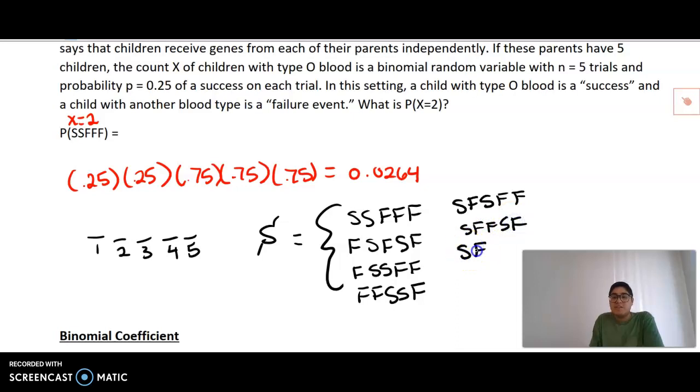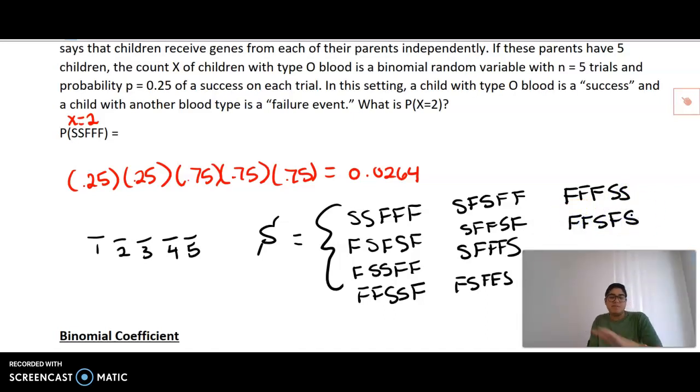How about first and fifth? How about second and fifth? Or let's think maybe if the first 2 could have it, what if the last 2 have it? Or what if the third and the 5th one have it? So this is my sample space, right? These are all possible outcomes where this could happen, in which we have different variations.